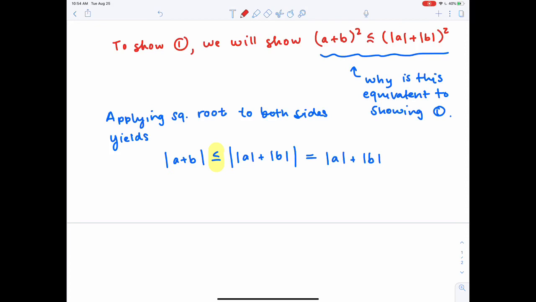And the answer to that is just the fact that the square root function is increasing. So because the square root function is an increasing function, it means if you start with two values a and b that are ordered one way and you plug them into an increasing function, they have to maintain that order.